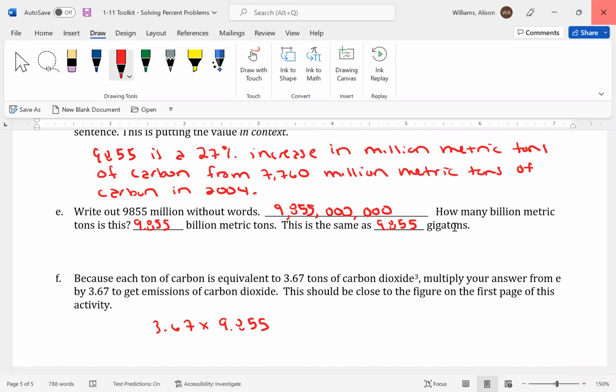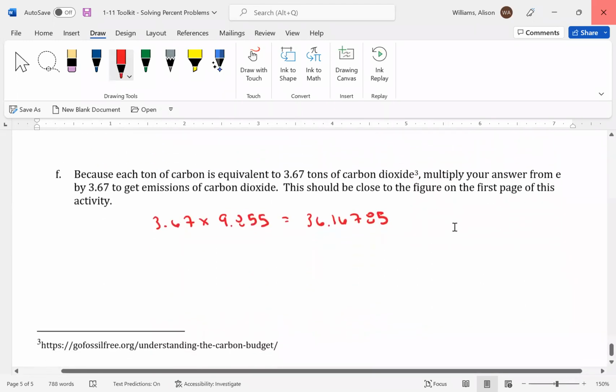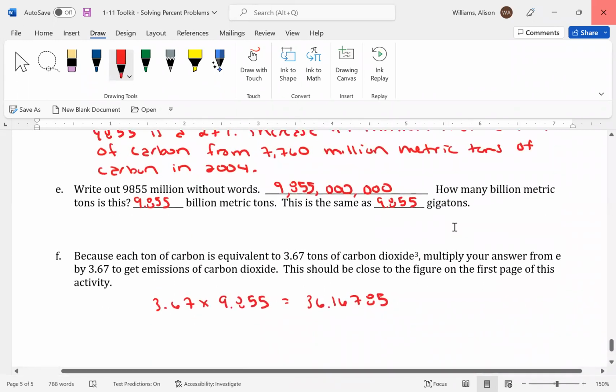So 9.855 times 3.67 comes out to the 36.16785 that we'd seen at the beginning of this activity. They just wanted to pull it together for you, this discussion of really how big these numbers are that we're actually talking about when we're talking about the carbon dioxide. And that's it.